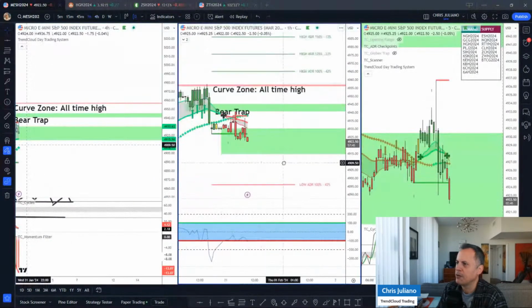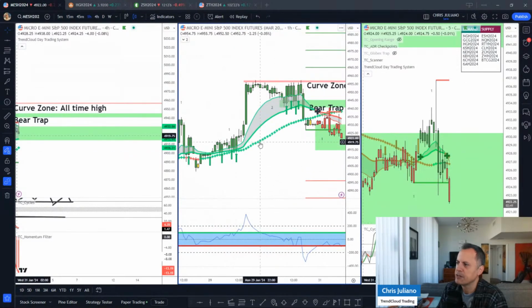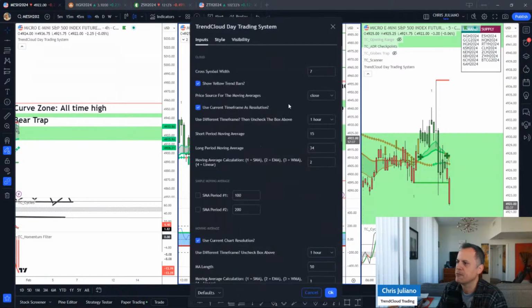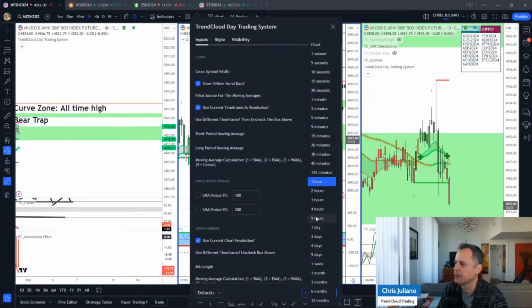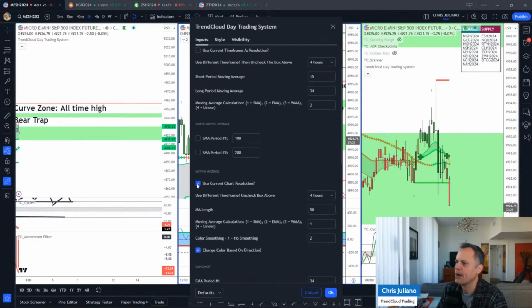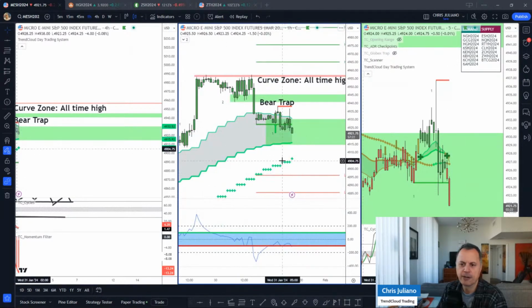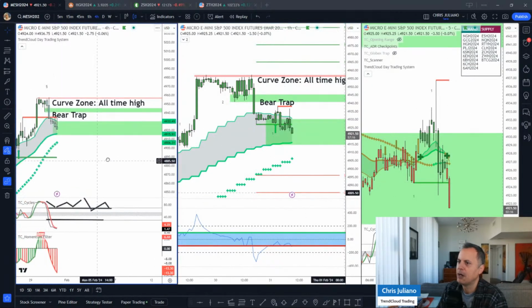Now, another little trick you can do is you can double click onto the middle time frame trend cloud there, and you can use the 4 hour trend cloud just by doing this. You can use that 4 hour trend cloud on your 1 hour chart. So now you can see, oh, okay, we're in the 4 hour trend cloud.